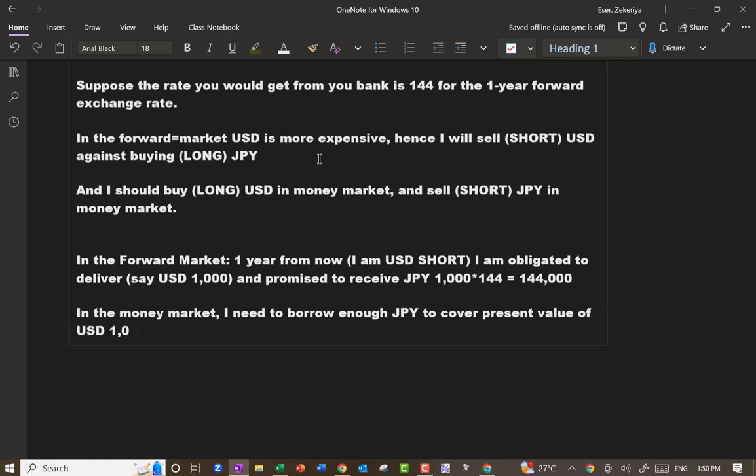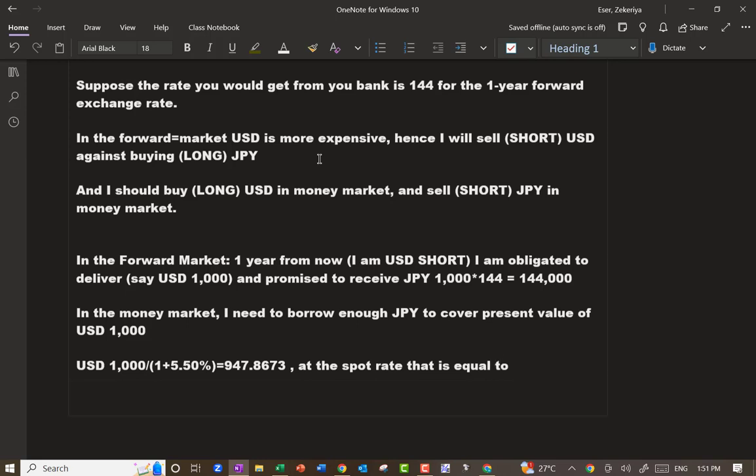1,000 US dollars. So that would be 1,000 times 1 plus 5.5%. So I need to borrow $947.87 or so. Enough yen to cover that at the spot rate.